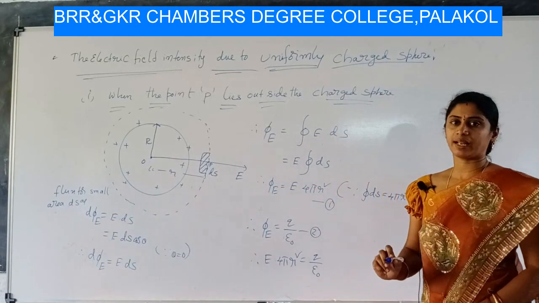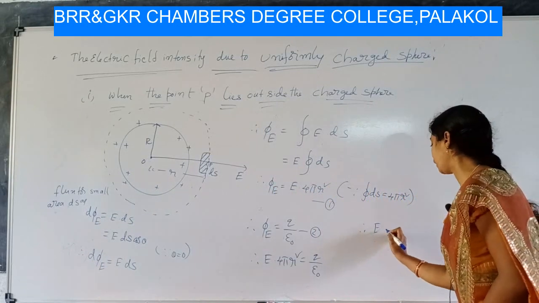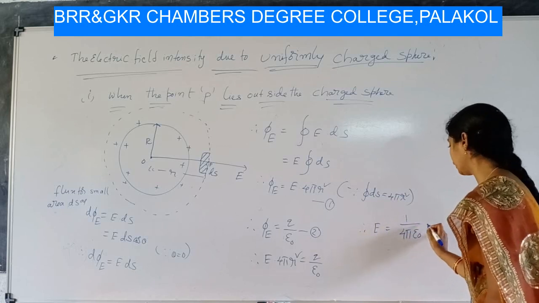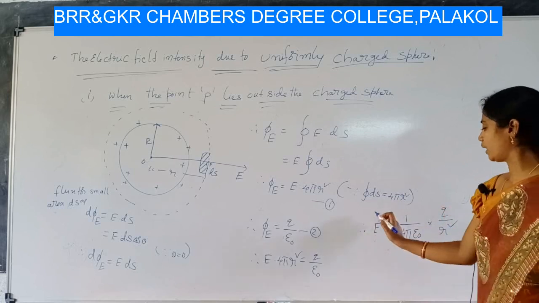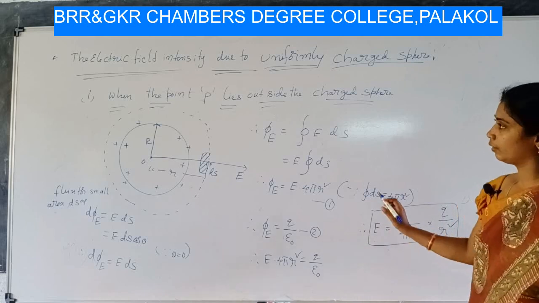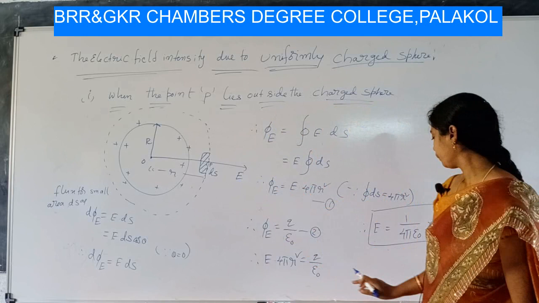We want to calculate the electric field intensity. Therefore E is equivalent to 1 by 4 pi epsilon naught into Q by r square. This is the electric field intensity for the point P lying outside this charged sphere.